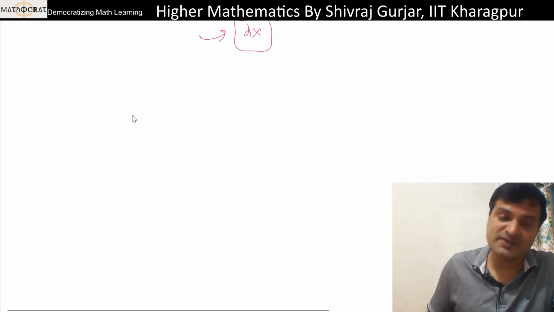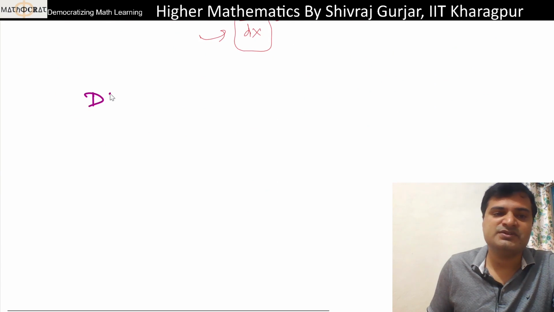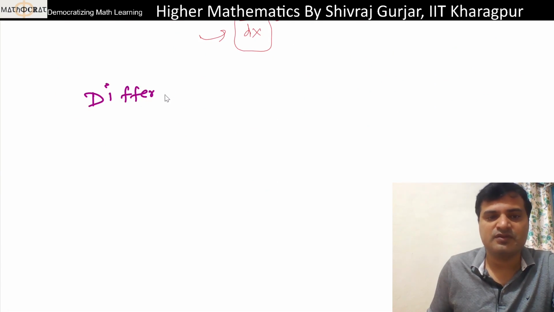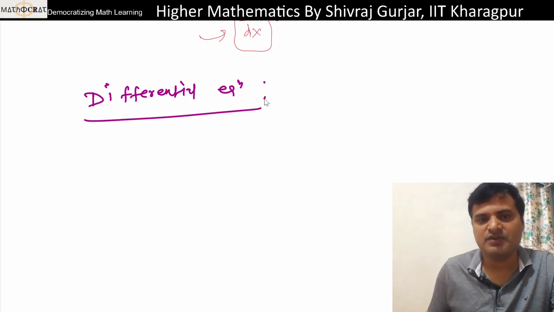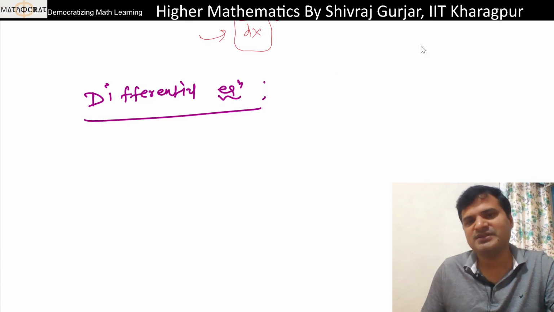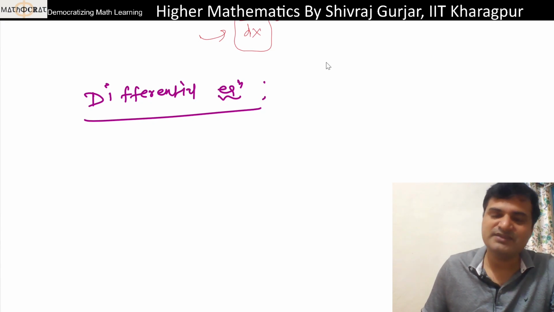Now by the use of this only we'll see, what is a differential equation then? देखो, equation means there will be equality involved in it. ठीक है.